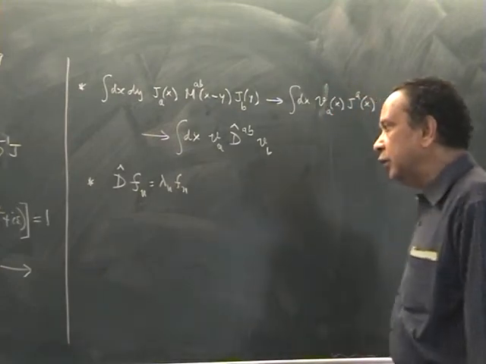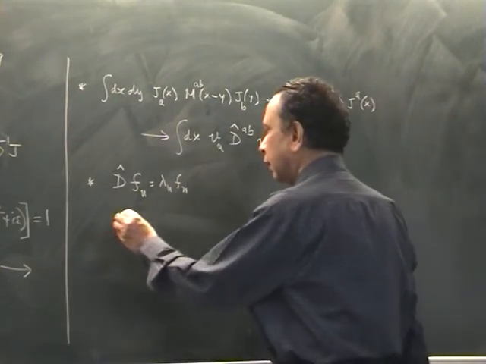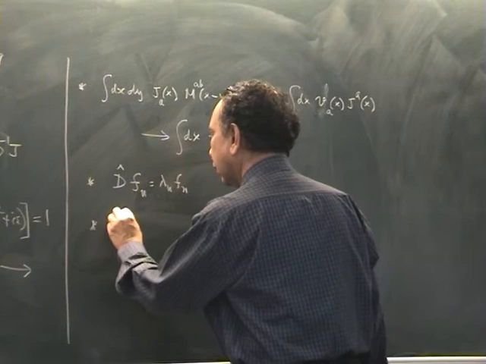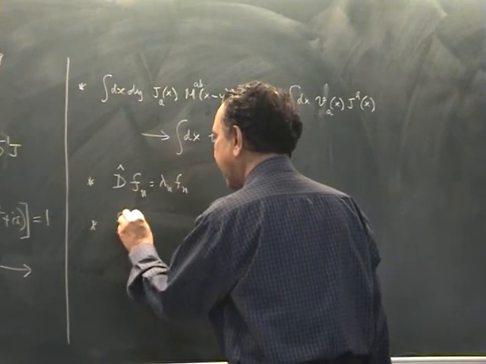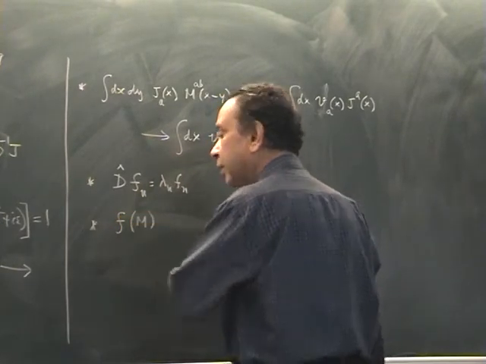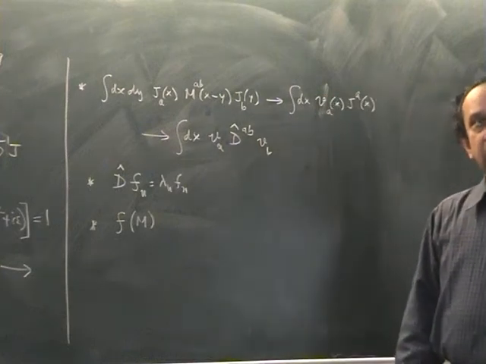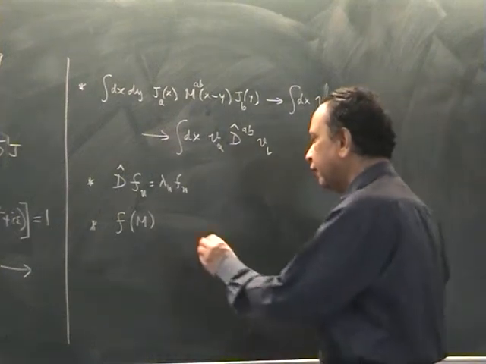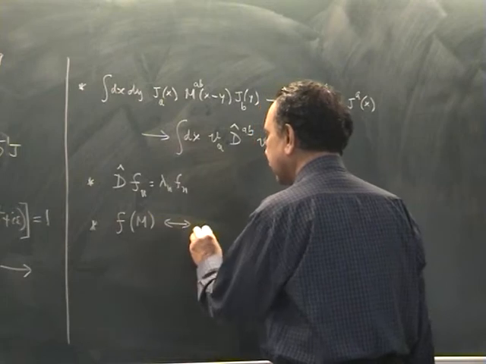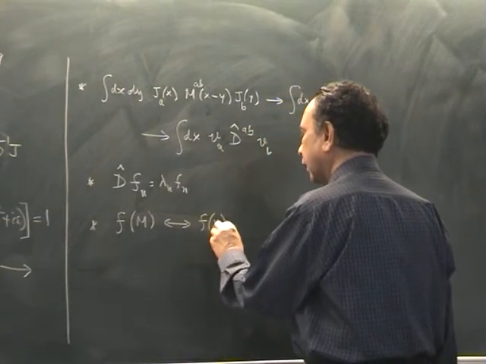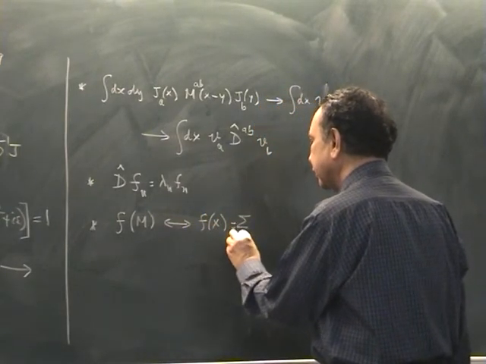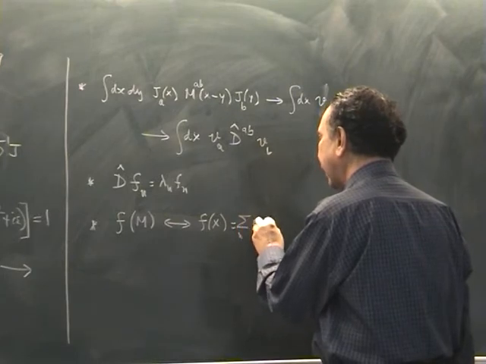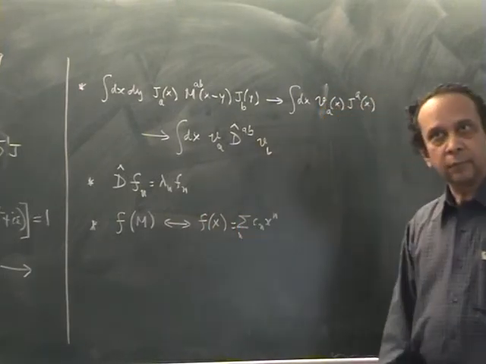Okay, so to do that, I want to understand how I define functions of, let us say, matrices, f(M), where M is a matrix. The way it is done is that you first look at the function. Suppose there is an f(x) which has a power series expansion, sum of C_n x^n.